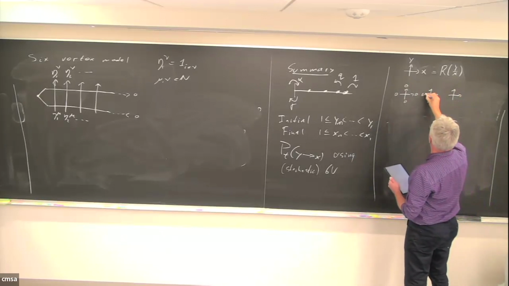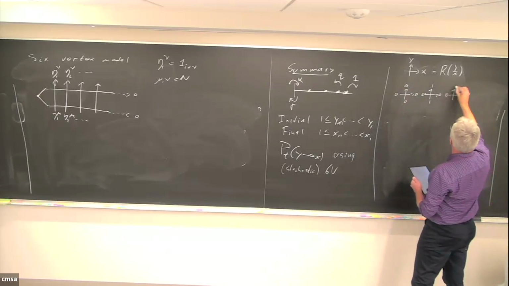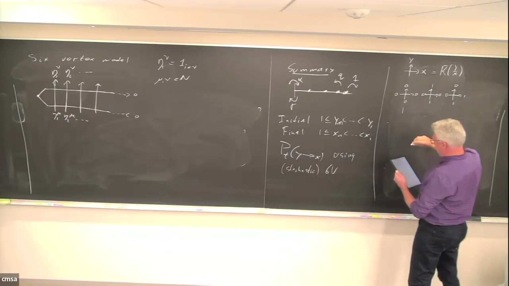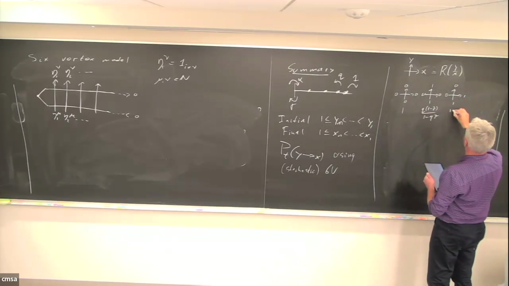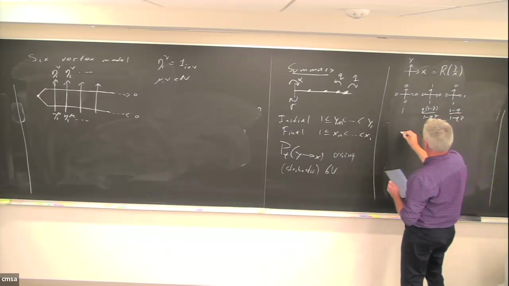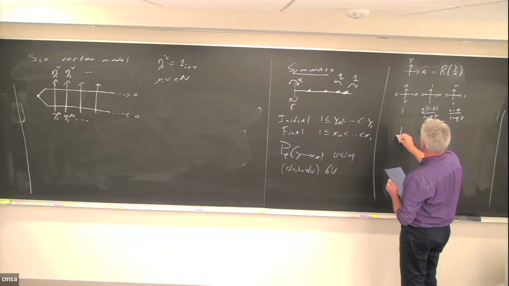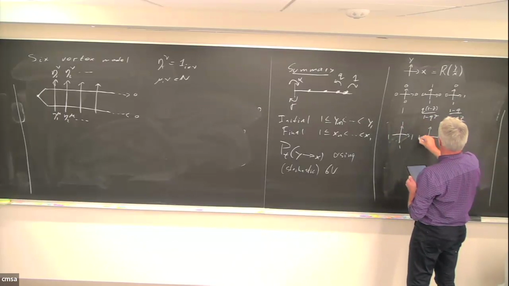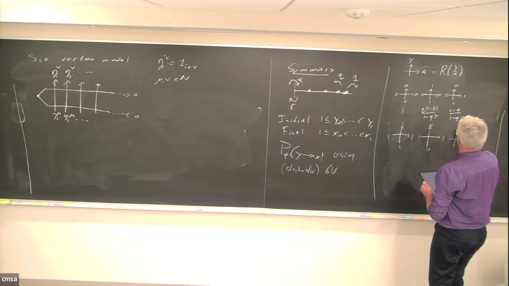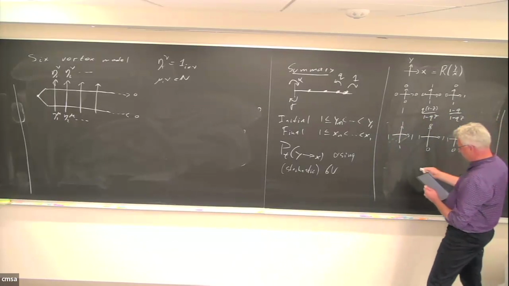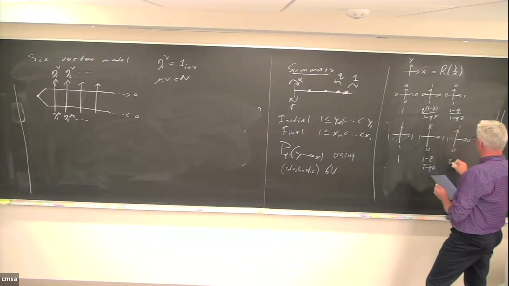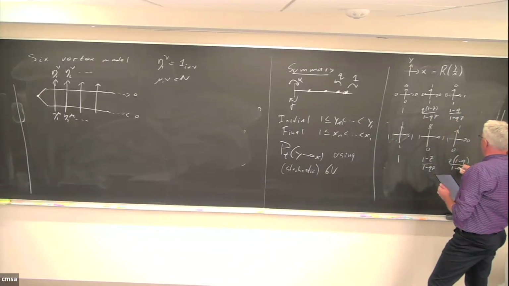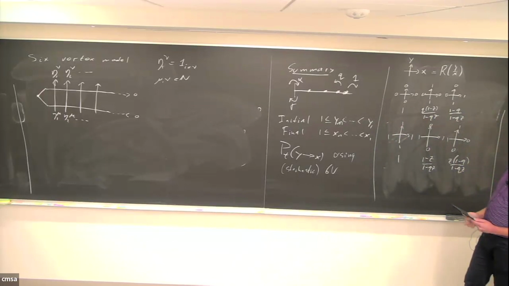The empty one will give weight 1. This will be Q minus and over Z1. Okay, so these are the 6 vertex weights and stochastic A.